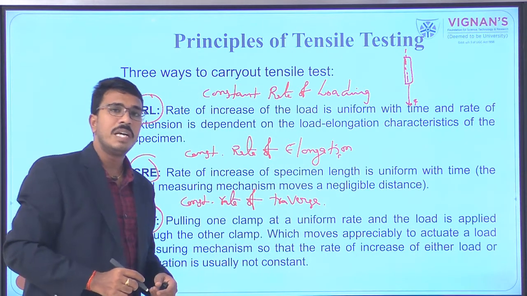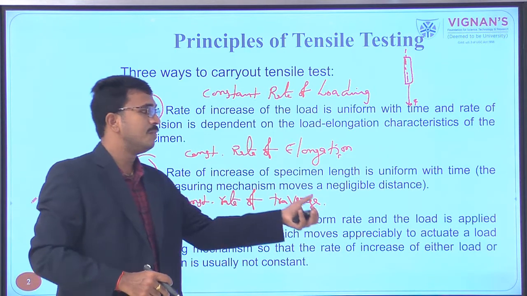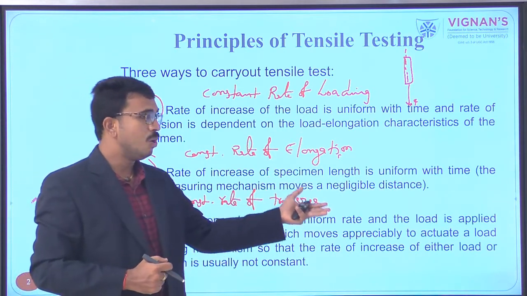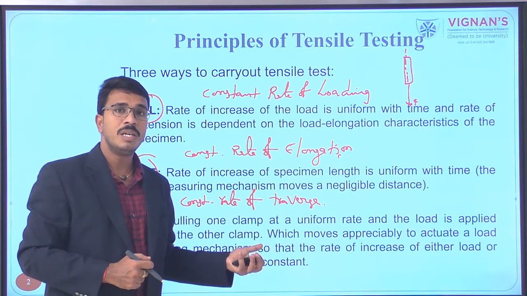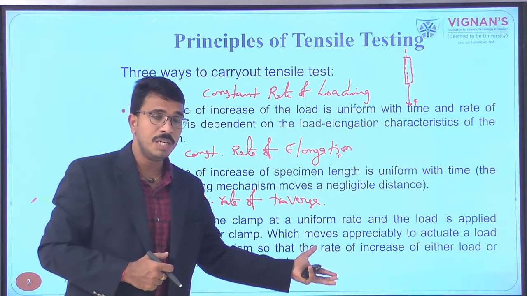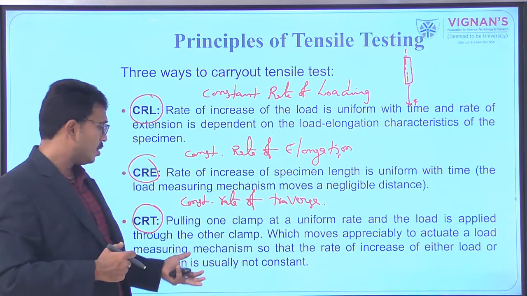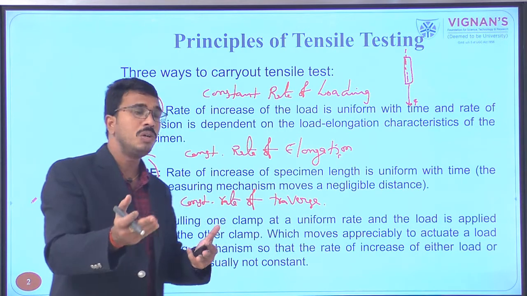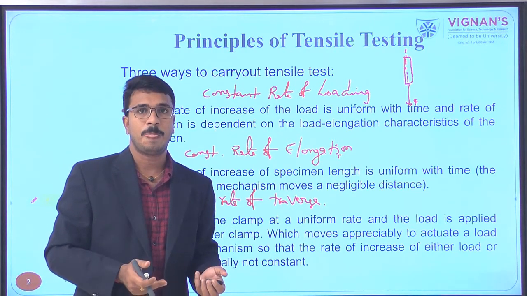That means pulling one clamp at a uniform rate, and the load is applied through the other clamp, which moves appreciably to actuate a load measuring mechanism, so that the rate of increase of either load or elongation is usually not constant here.